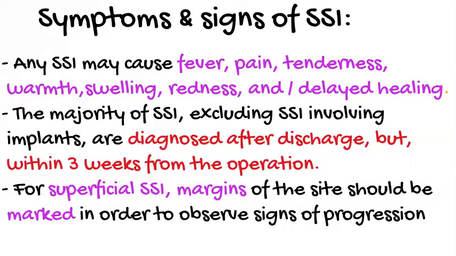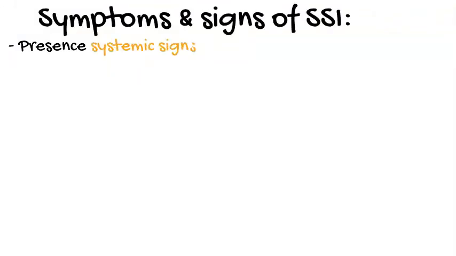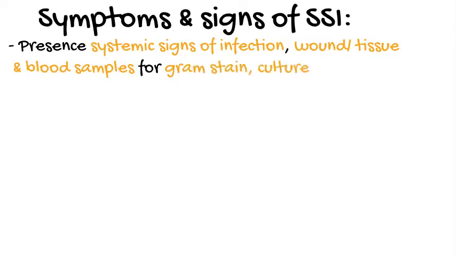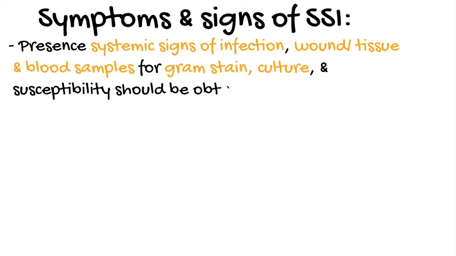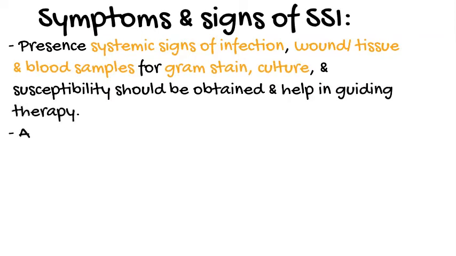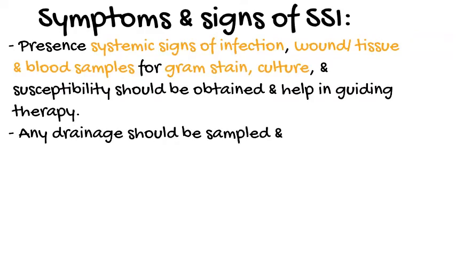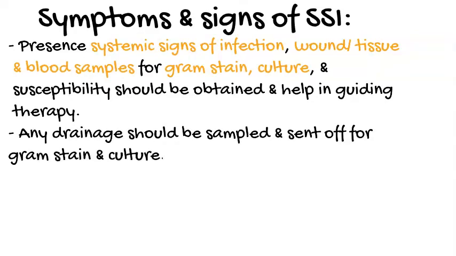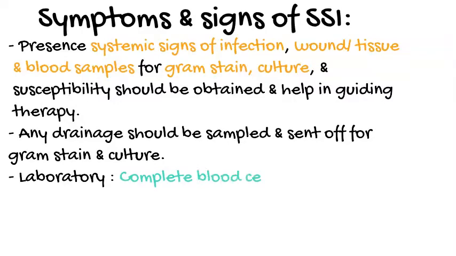For superficial surgical site infection, the margins of the site should be marked in order to observe the signs of progression. With the presence of systemic signs of infection, wound or tissue and blood samples for gram stain, culture and sensitivity should be obtained and help in guiding the therapy.